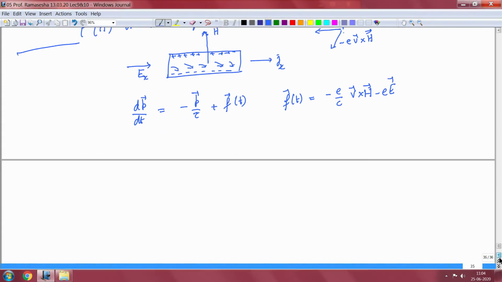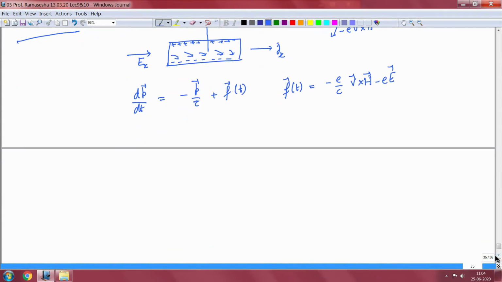Substituting this, I will get the following equations, almost similar to what I got last time, except that I have a p by tau term.